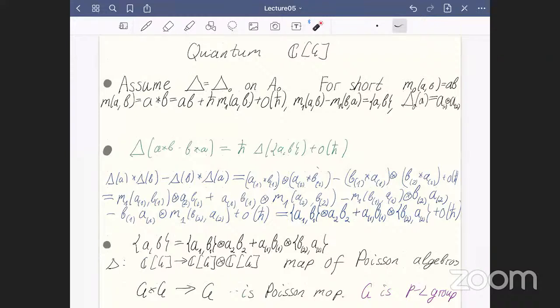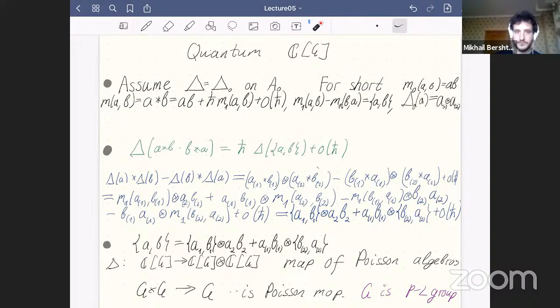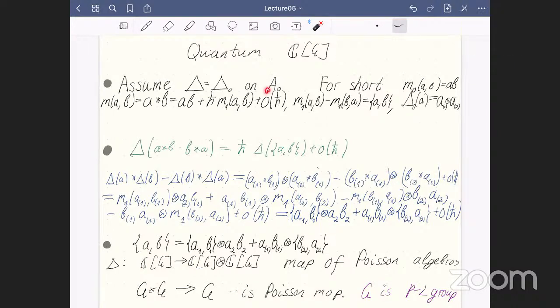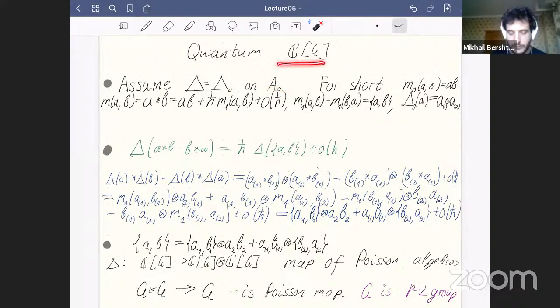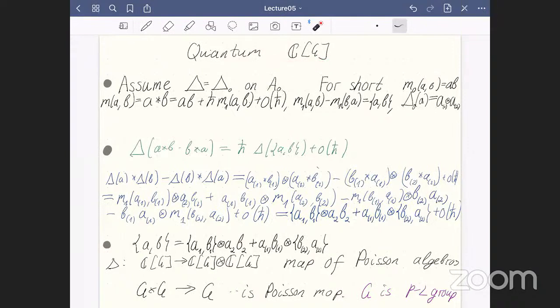The condition that we got a Poisson bracket there is because of associativity, yes? Yes. And the fact that the initial algebra is commutative is also used. We assume that we deform a commutative algebra, yes? We deform C of G. Sorry, how did the Poisson bracket appear in A0?